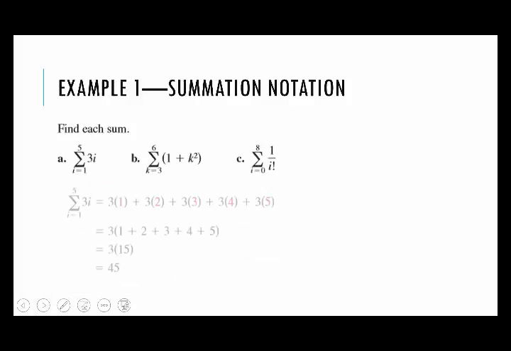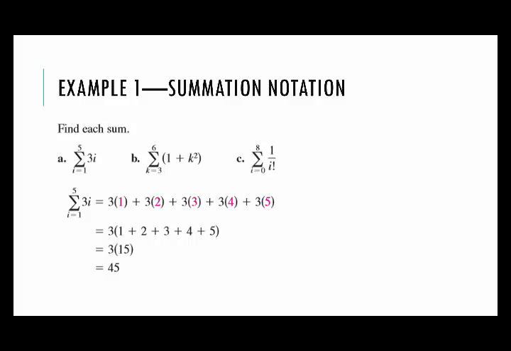So find each sum. In this case, you have the summation of 3i, or sigma of 3i. Notice the upper bound tells you how far you're going. That's the number on top of the sigma sign. The number on the bottom tells you where you're starting.